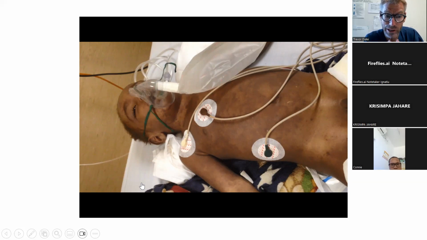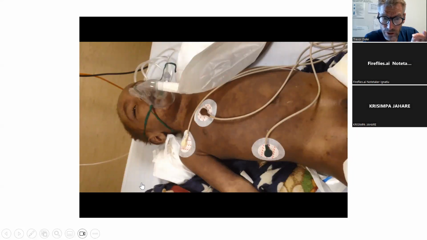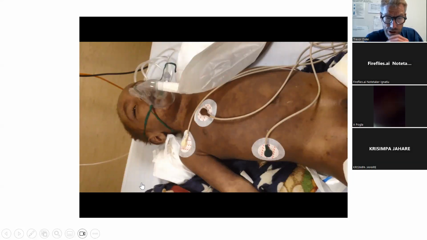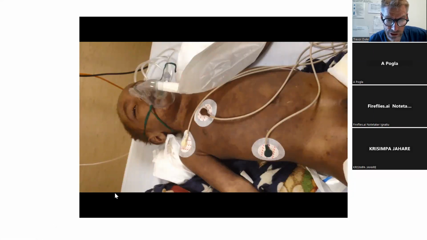So even though his airway is not obstructed, his airway is at risk from aspiration. So something needs to be done about that. Regarding his breathing, what is it you noticed about his breathing? I can show a bit more of the video if you like. Try to notice something about his breathing.